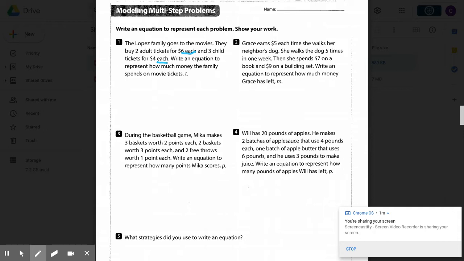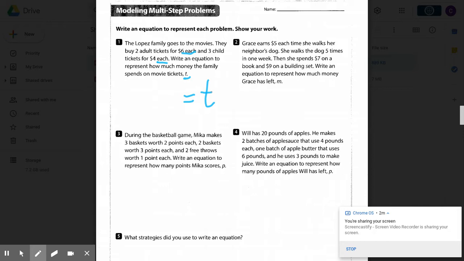So we have to write an equation to represent how much money the family spends on movie tickets. The first thing I'm going to do is use that T that they have given me. When we see these letters, in this equation the total amount of money that the family spends on the movie tickets is equal to T. So I'm just going to go ahead and put equals T. Now I have to figure out how much money in all they have spent on those tickets.